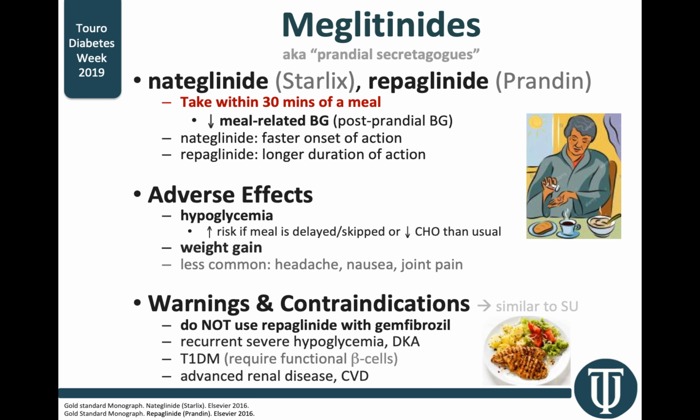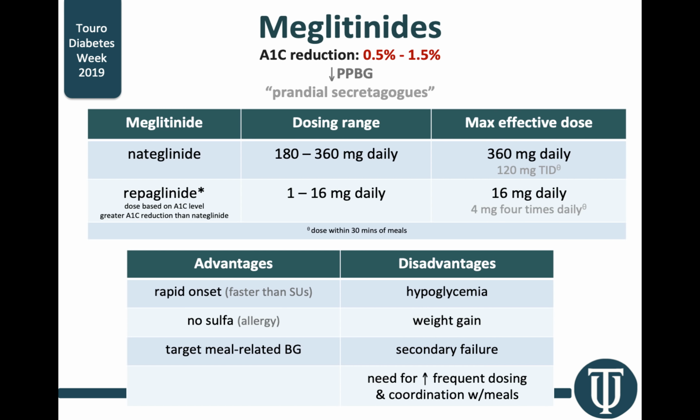Similar to sulfonylureas, we want to avoid meglitinides in those who have recurrent severe hypoglycemia, DKA, type 1 diabetes, decreased renal function, or cardiovascular outcome concerns. With meglitinides, you might see as high as a 1.5% A1C reduction, and they specifically target postprandial blood glucose.